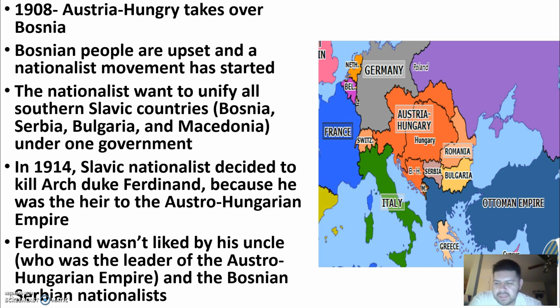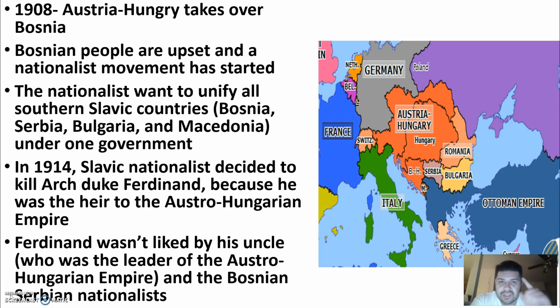Now, in 1914, the Slavic nationalists decided to kill Archduke Ferdinand because he was the heir to the Austro-Hungarian Empire. He wasn't the leader, he wasn't the king of it.